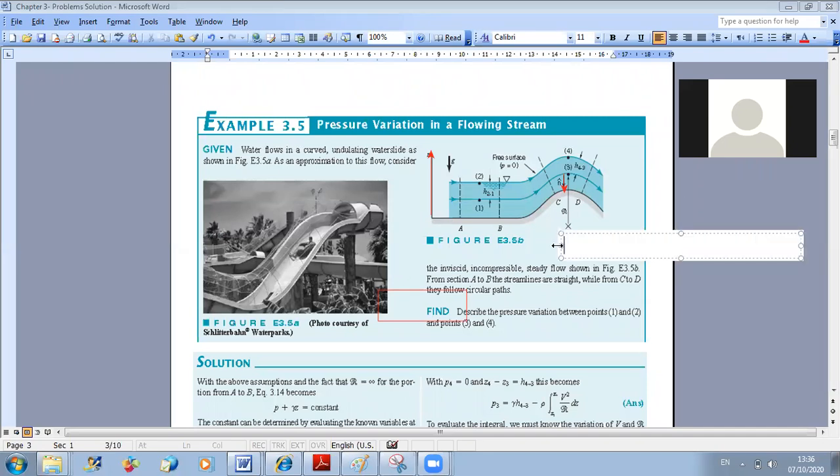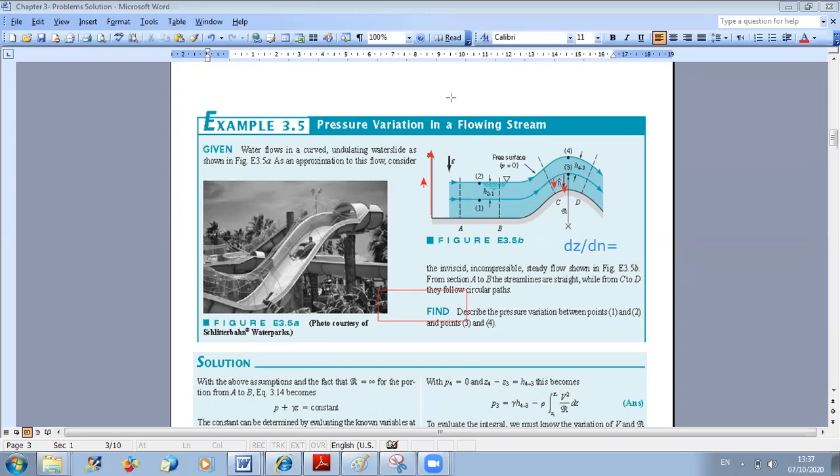What is dz? Dz is a small element along positive z, so it's along k. I consider this is dz, and this is dn. So they have opposite directions. This is why when you do dz by dn, it's equal to minus 1.